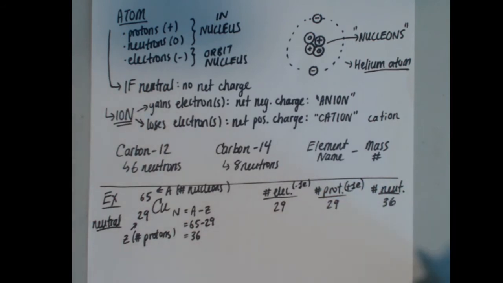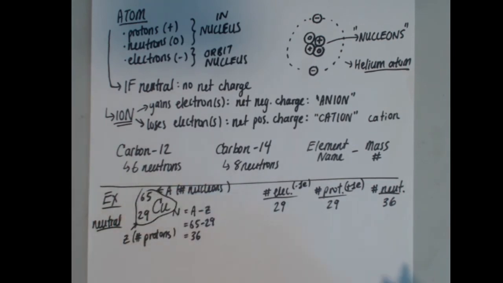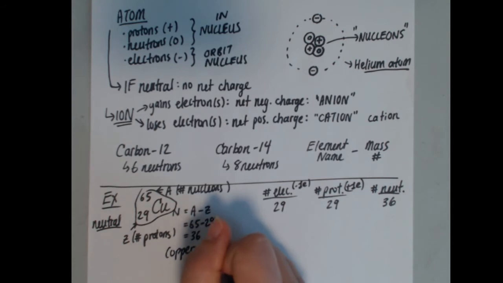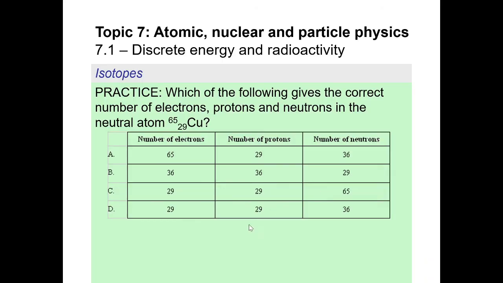So that means I have 29 electrons. Something else, because copper 65 is written like this, you can also write the name given the new scheme like this, copper 65. All right, so the answer 29, 29, 36, going back to the slides, the answer would be D.